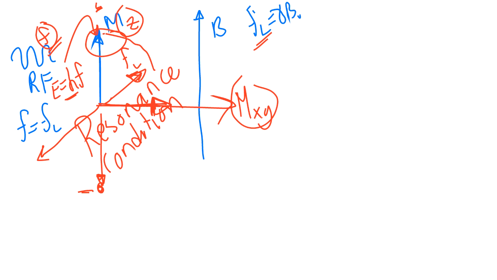Okay? So anyway, let me change color. I'll go to green. So once I have this situation, which is the resonance frequency, then the net magnetization will be excited, or will gain energy. It will not continue to gain energy forever. At some point, it will flip back.